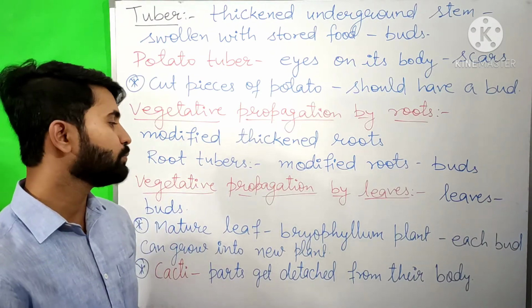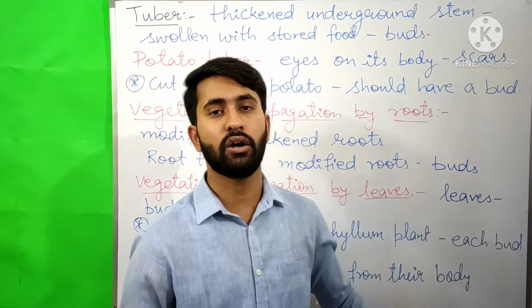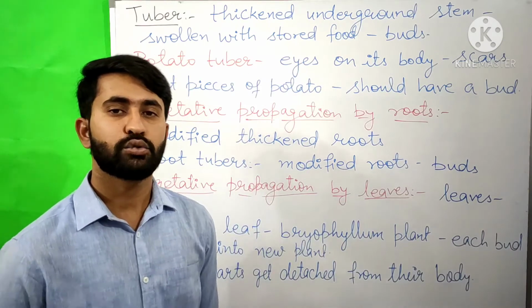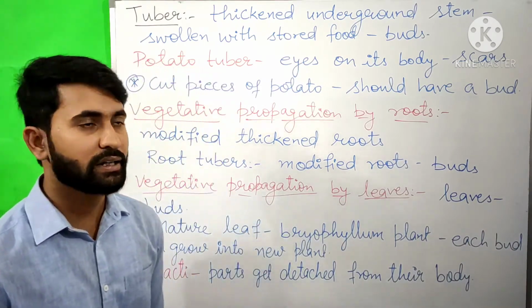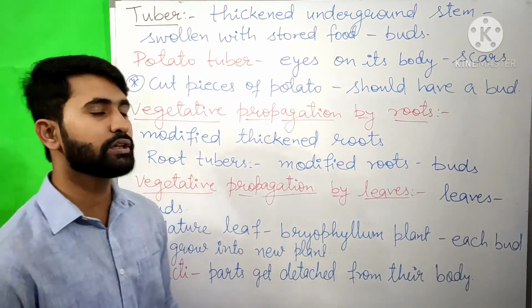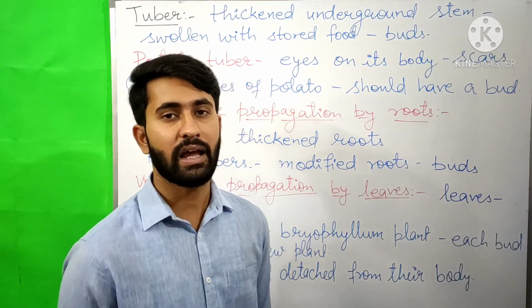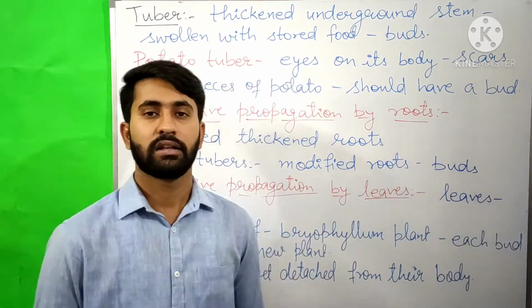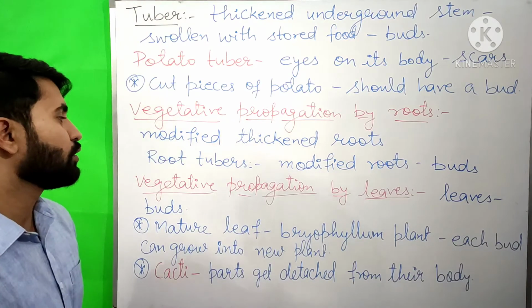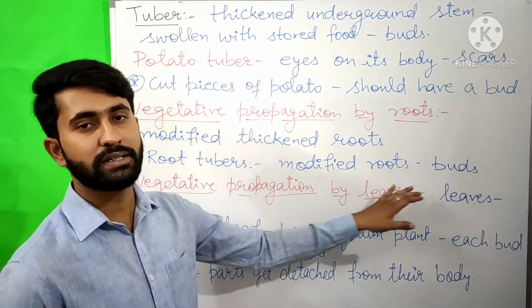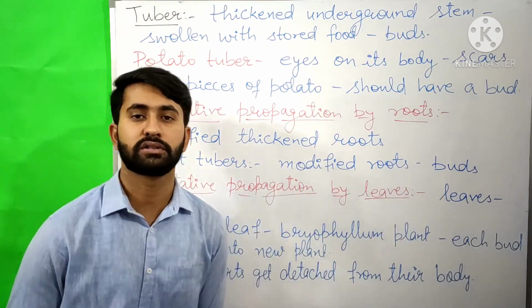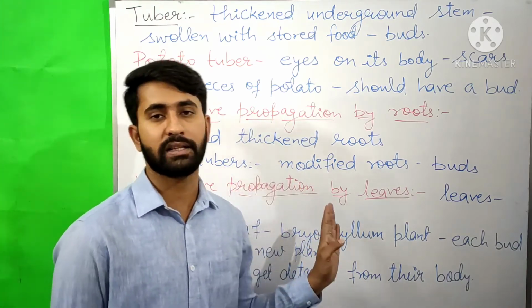The root tubers have buds or eyes on them. The sweet potato plants are reproduced by the root tubers that are having buds on them. The Dahlia plant is also having buds on their root tubers, so it can also be produced by the same method.